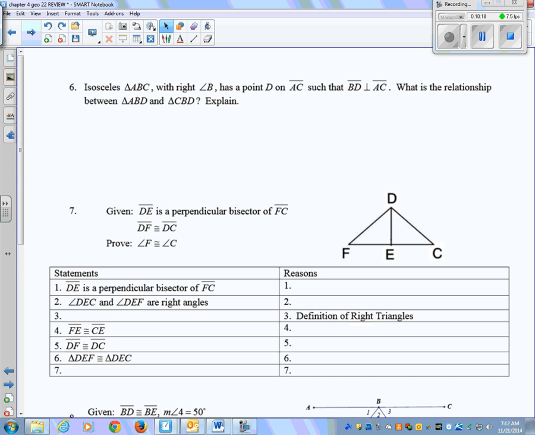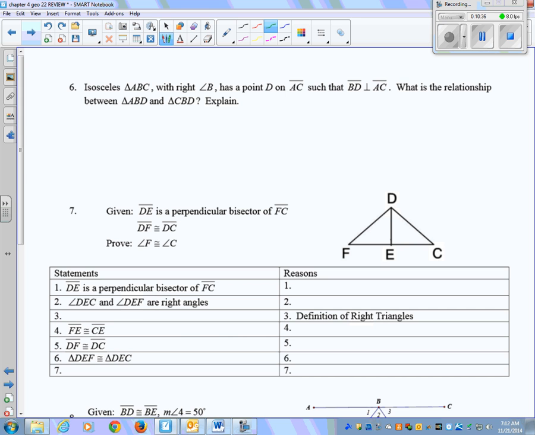Okay, some proofs here. Oh, not yet. Sorry, number 6. We have an isosceles triangle ABC with right angle at B that has a point D on AC such that BD is perpendicular to AC.